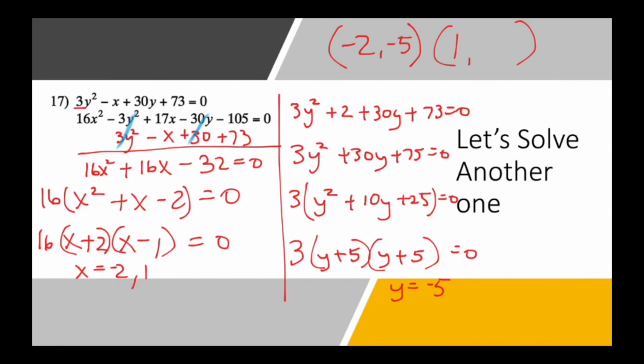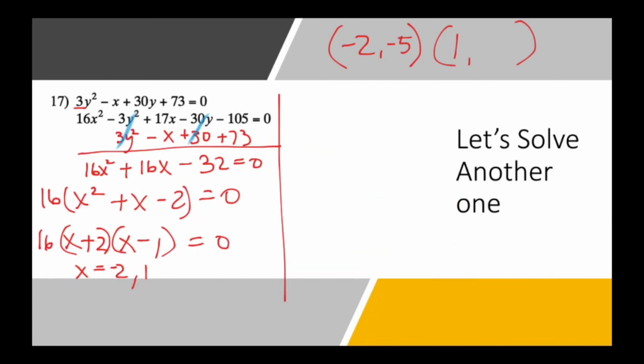Let's clear some room here. All right, let's plug in the 1. Plug it into the same equation. We'll have 3y squared. We're going to plug it in for the x. And so I have a minus x, so minus 1. Plus 30y plus 73 equals 0.